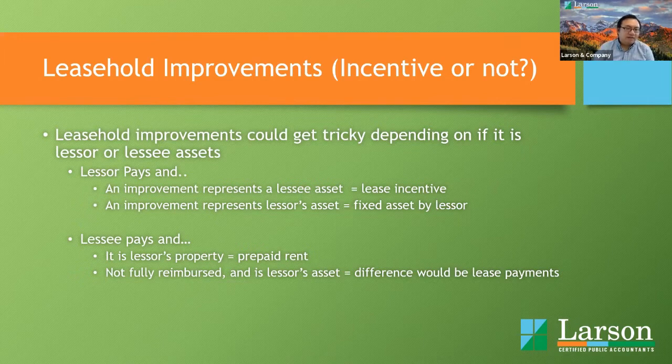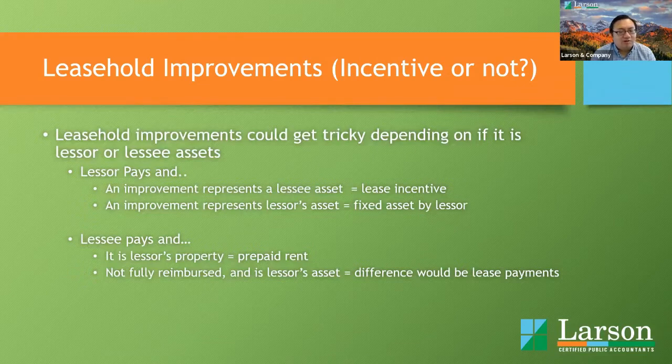Conversely, if the lessee is paying for it, but it's the lessor's property, so they have a building that's mostly done, and the lessee is saying, "I'm going to pay for the rest of it to complete it to a spot where a tenant can actually occupy it, but it can't be until that point," then that's really prepaid rent, because it's going to be the lessor's property.